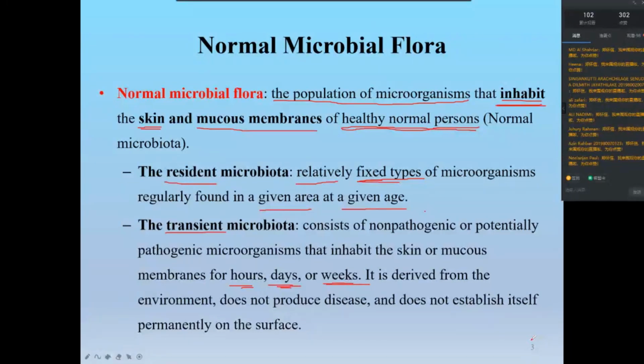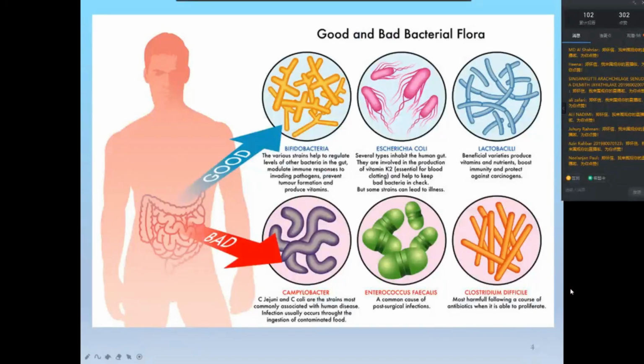And this table contains normal bacterial microbiota on different tissues and different organs, like normal microbiota on skin, or in the nose, or in the gastrointestinal tract, the digestive tract, or in the genital tract.